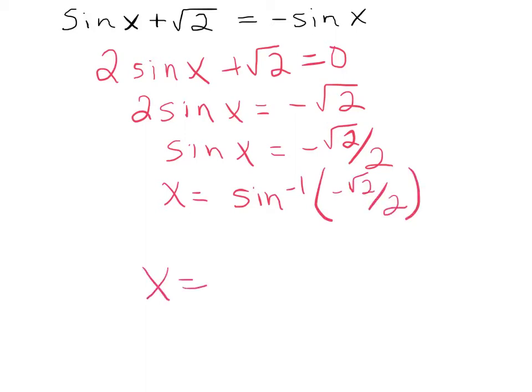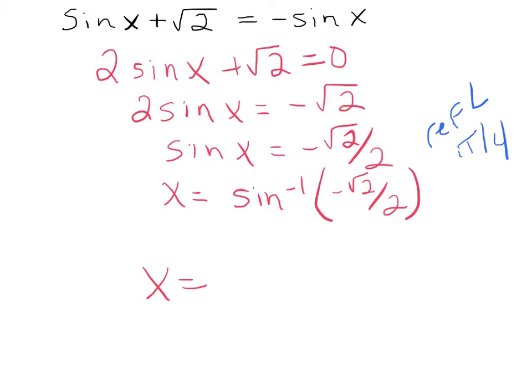Okay? So the sign is negative, which tells me I'm going to have to either be in the third quadrant or the fourth quadrant, and the negative square root of 2 divided by 2. We don't have any restrictions on this one, so we're going to go with radians. Remember, square root of 2 over 2 means that I will have my reference angle being that pi over 4 group.